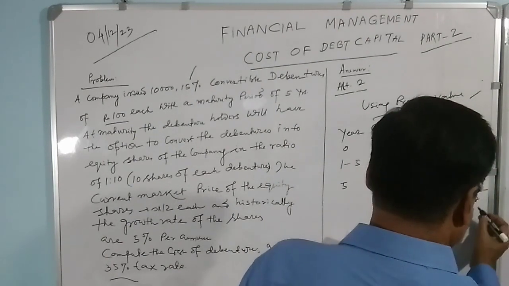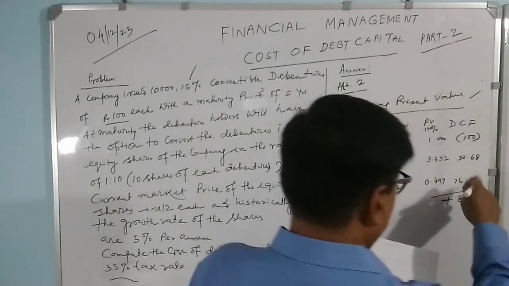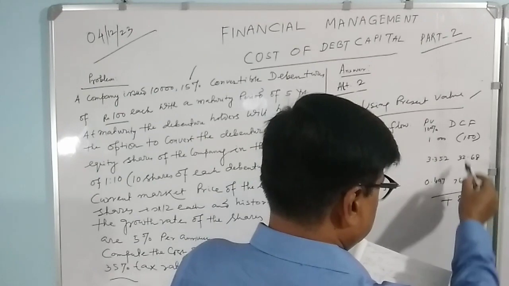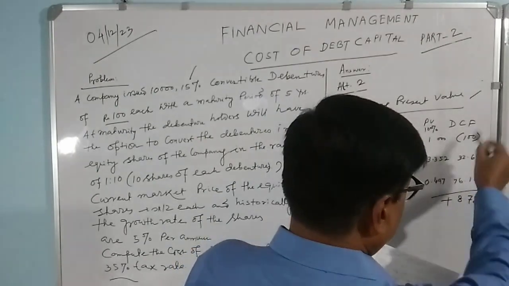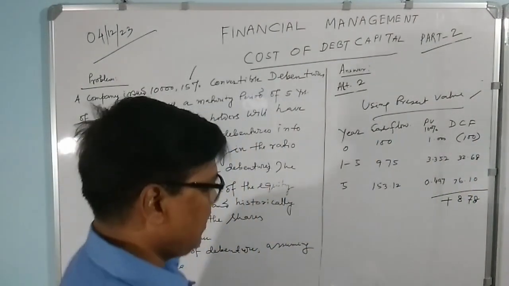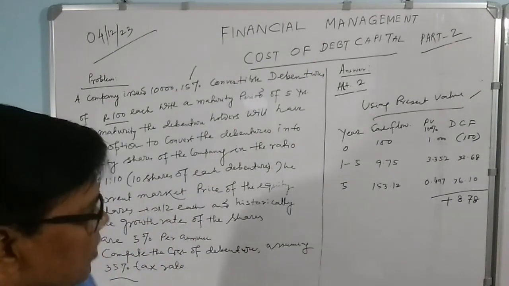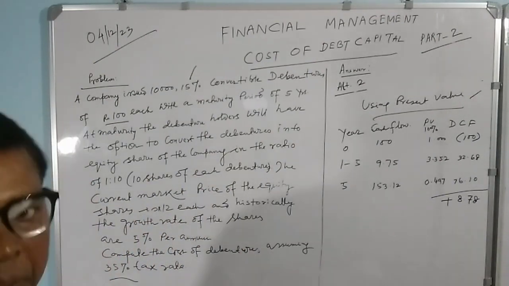This will be positive, no? These two figures 32.68 plus 76.10 is 108.78 minus 100, this figure will be 8.78. So this is one form for your present value at 10%.